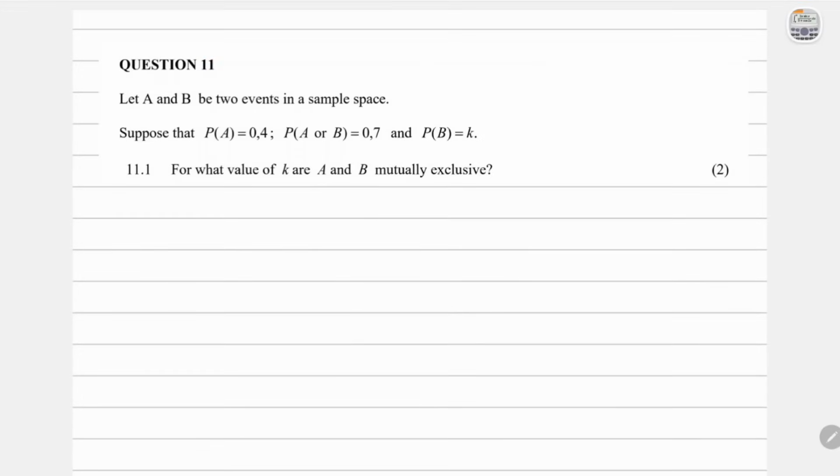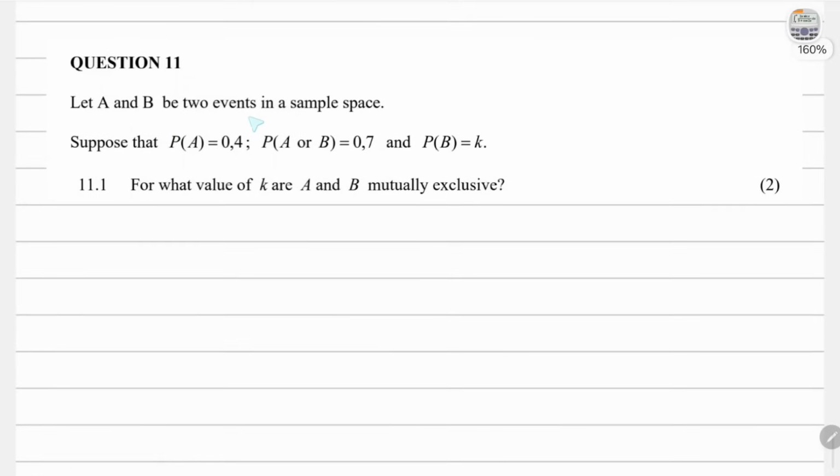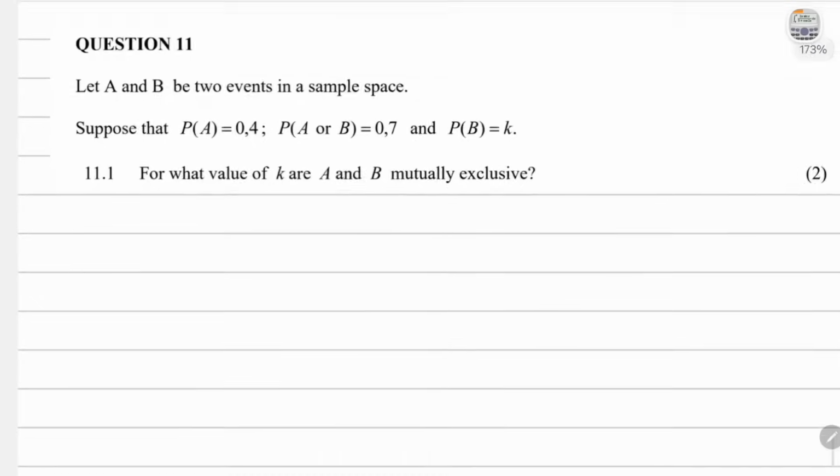Question 11 says, let A and B be two events in a sample space. Suppose that the probability of A is 0.4, the probability of A or B is 0.7, and the probability of B is K. For what values of K are A and B mutually exclusive?